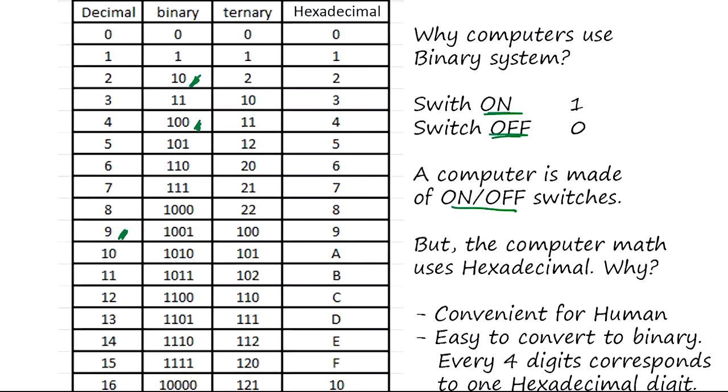And 101, 110, 111, then 1000. So that's the way binary counts. Since you've got only 0 and 1, you have to jump to 10, 100, and 1000 very quickly. So you have so many bits; each digit is called a bit.